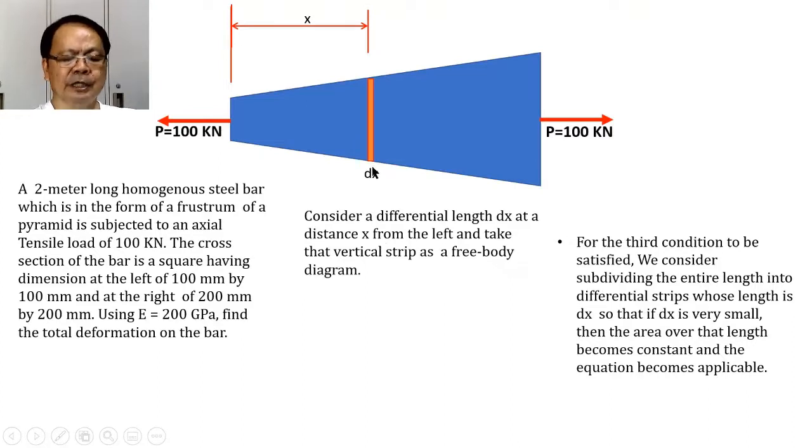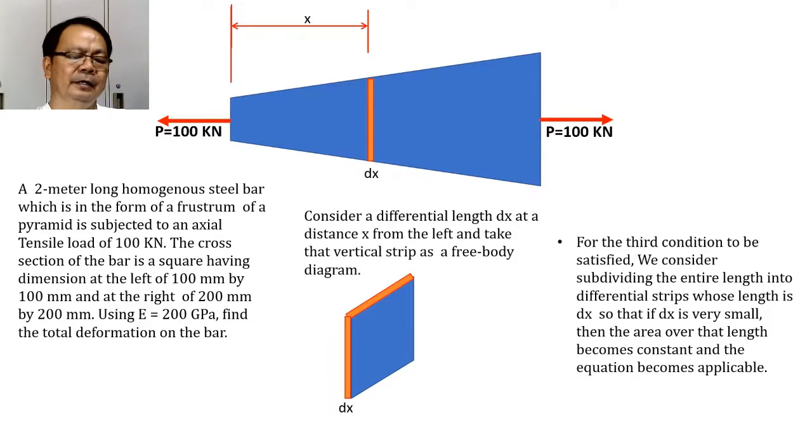Let us try to take this part. Kunin natin siya so that this would have this area. This differential strip would be subjected to a tensile load of 100 kilonewton. And this area would have a side equal to S, and S will also be a square inside whose dimension shall be equal to S, where S is that distance or the dimension of the bar at distance x from the left support.